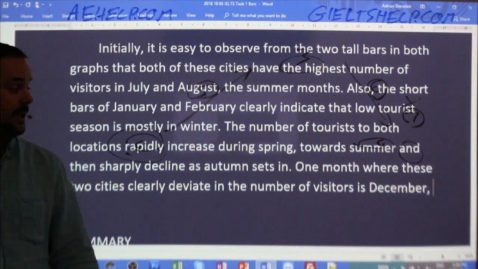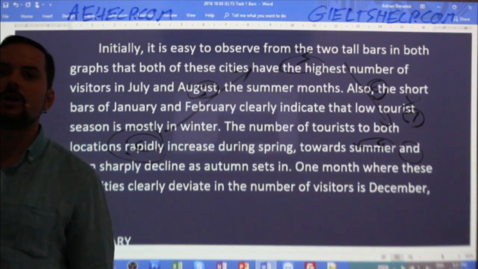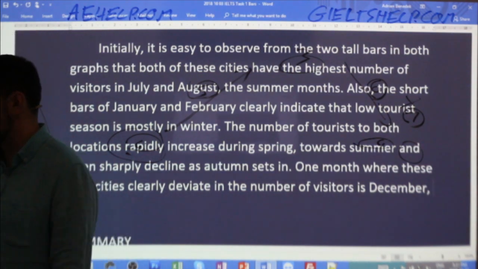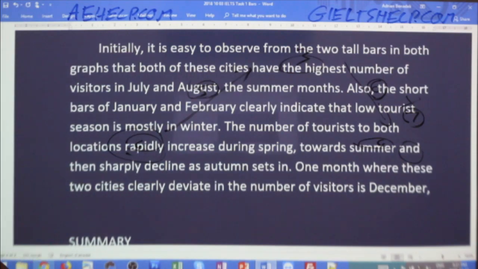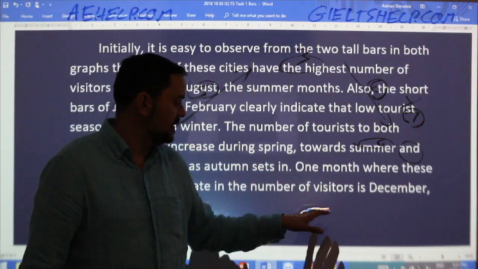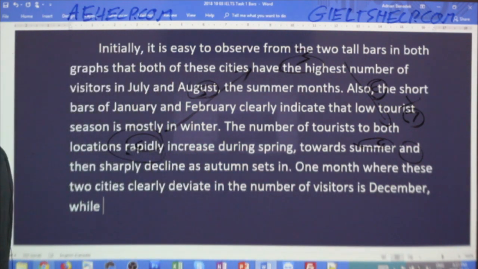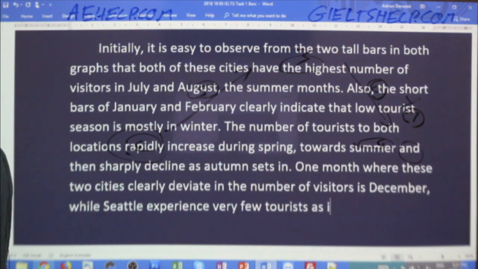Okay, and then here again I use a comma because I'm going to add a definitive clause. Okay, so I want to explain that a little bit more because that's an interesting difference. So 1 month where these two cities clearly deviate in the number of visitors is December, while Seattle experiences very few tourists, as in the other winter months.